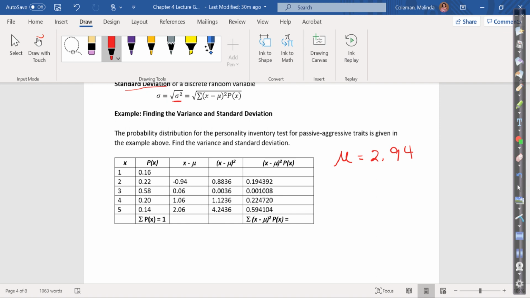So the first step then would be 1 minus 2.94. So the first one is going to be x minus mu, which is equal to 1 minus 2.94, which is equal to negative 1.94.